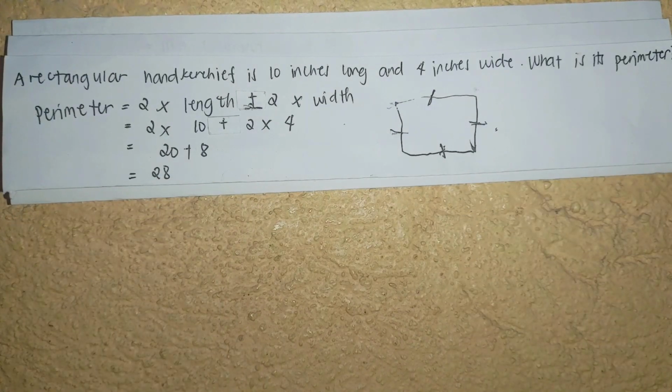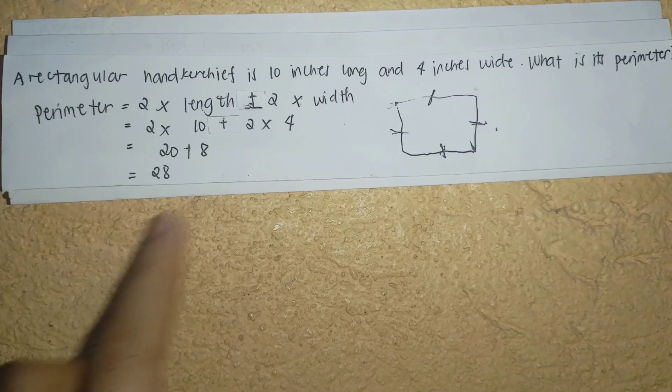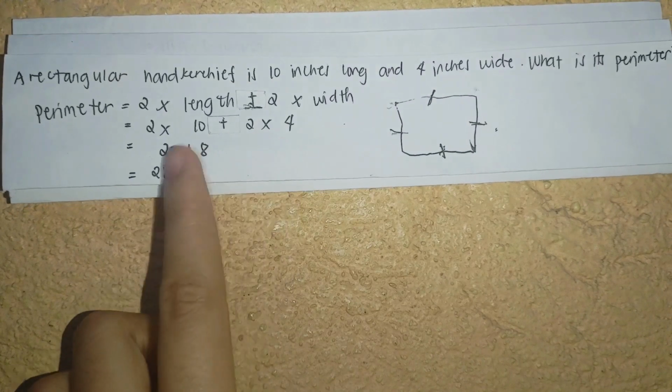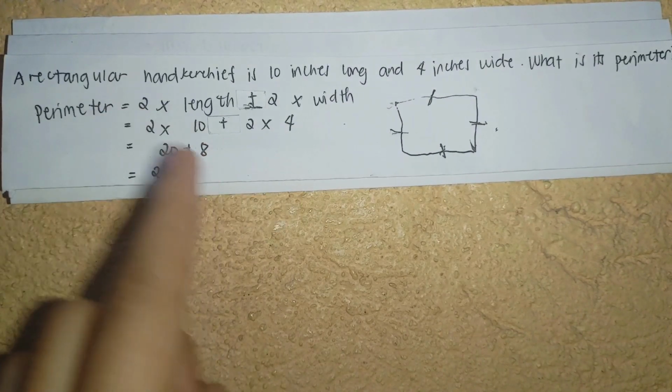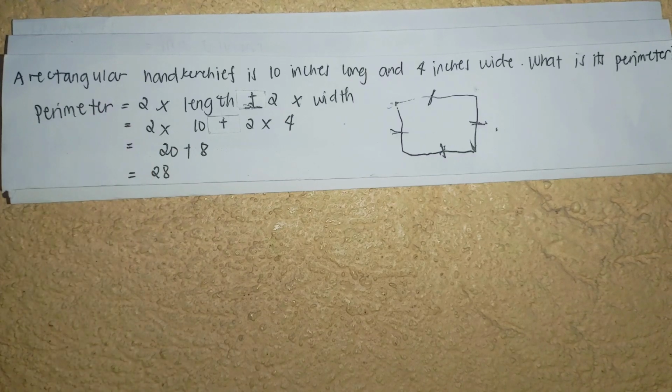So we have 2 times 10 plus 2 times 4. So 2 times 10 is 20 plus 2 times 4 is 8. So the perimeter of the rectangular handkerchief is 28 inches.